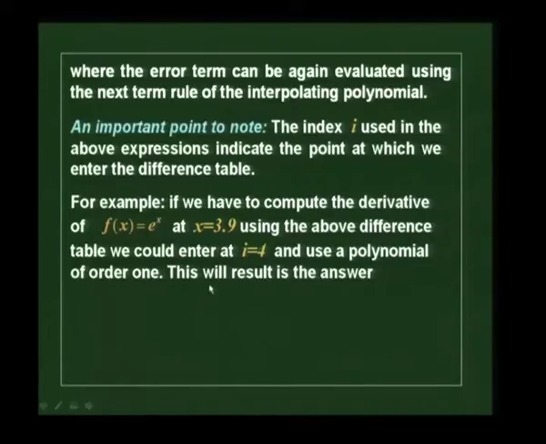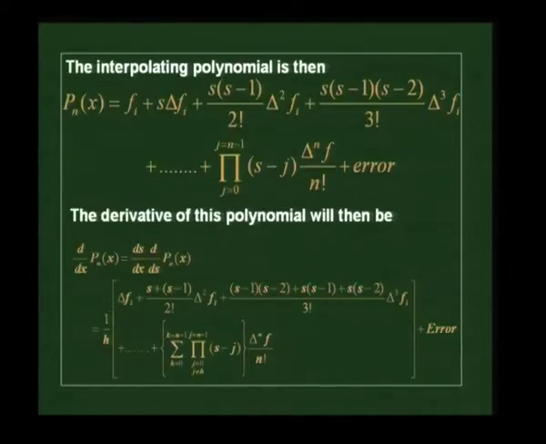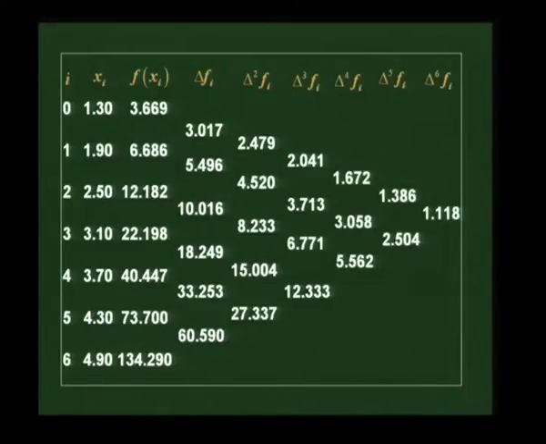Okay, so now if we go back, let's say we want to evaluate the derivative at x equal to 3.9. So let us go back and look at the difference table. We had the difference table here. If you want to evaluate the derivative of the function at 3.9, we could enter here. 3.9 is between 4 and 5.